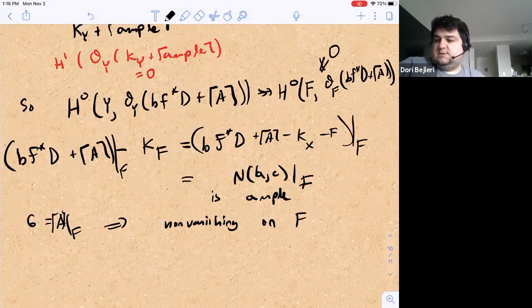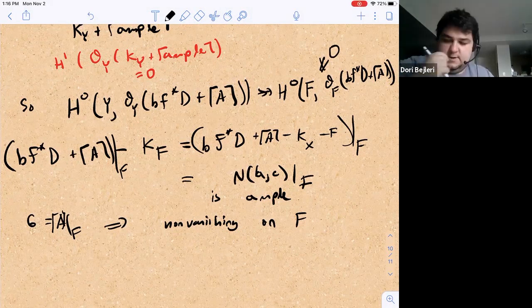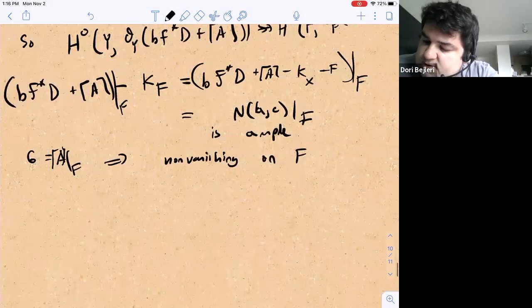And so we have some non-zero section there, which by surjectivity lifts to some non-zero section of bf upper star d plus a. Okay, and we're like 2 seconds away from the end, so I know I'm a minute over, but I'm going to finish. So what do we have now?